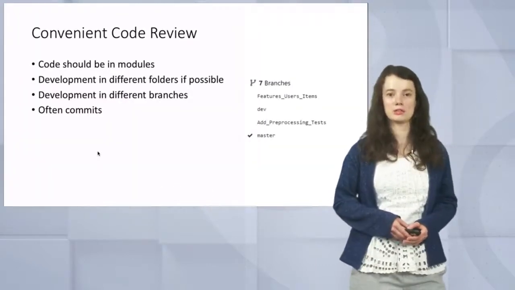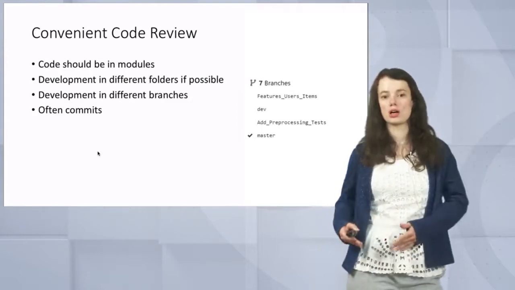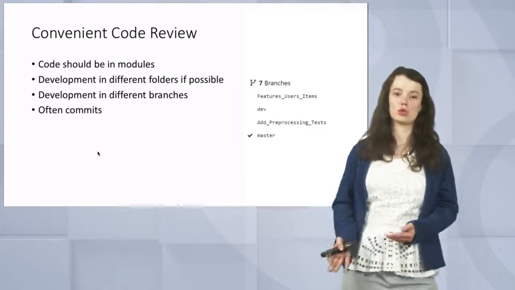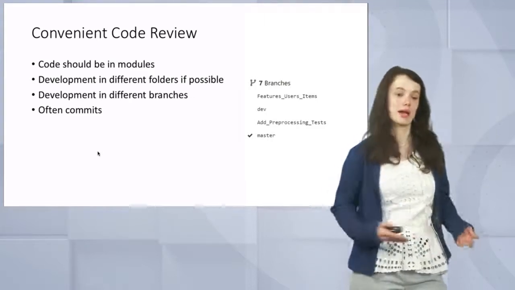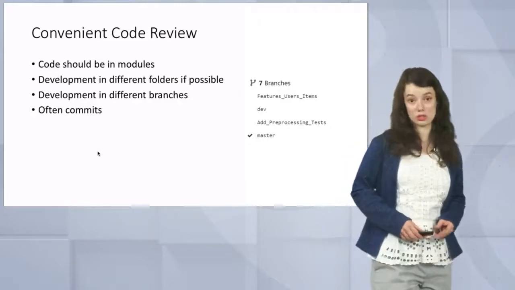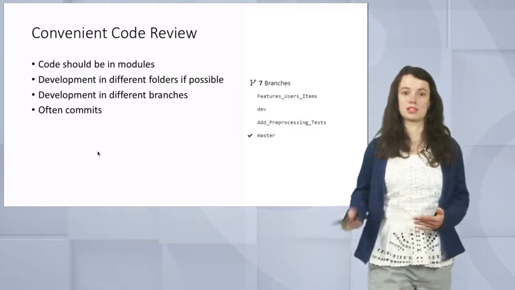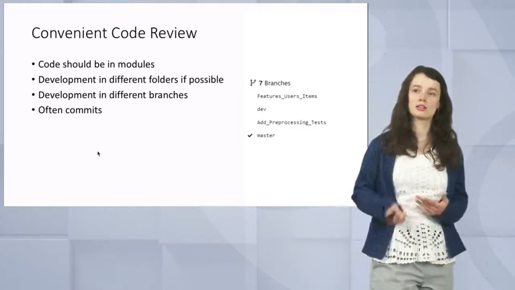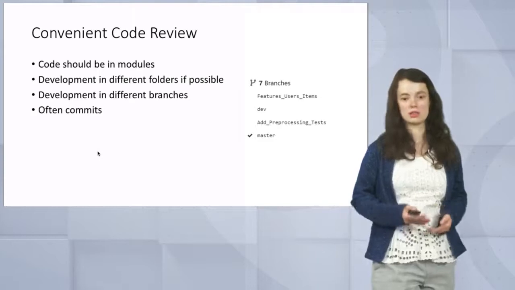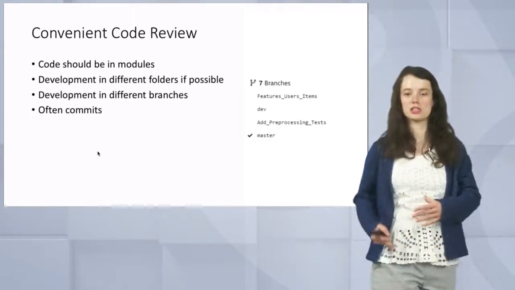It is very convenient to do code review via merging branches from your local branches into the main one, for example main, master, or dev. First, your code should be in modules because it looks better in the Git API, and you should develop it in small chunks, thus it's easier to check.